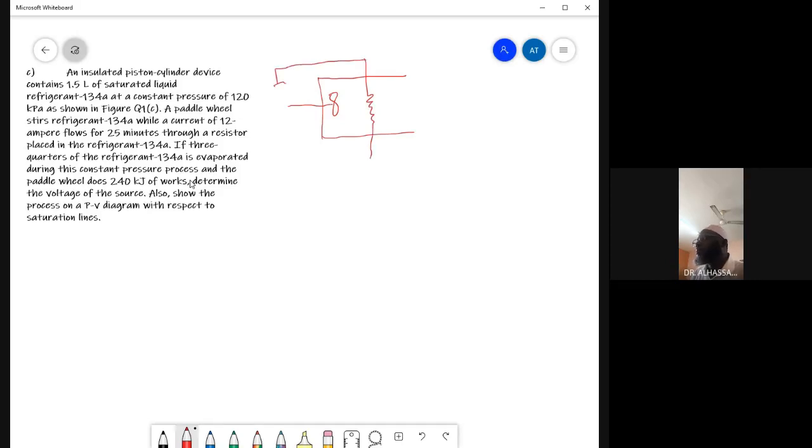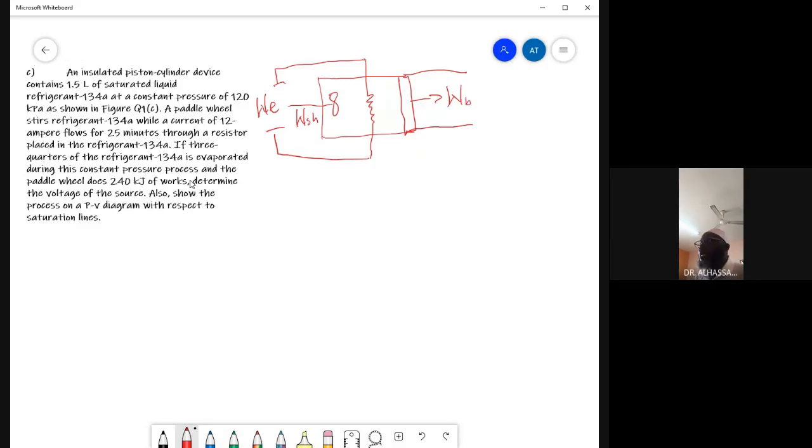This is W shaft, and then we have W electrical, given by this. Then we have the boundary work. Because the piston is moving, you have WB, which is the boundary work.